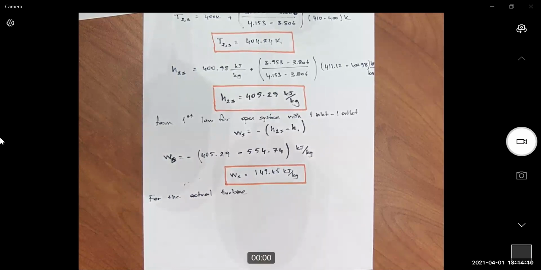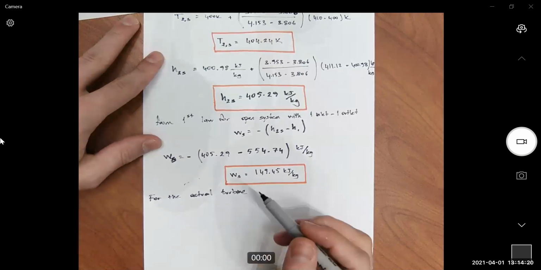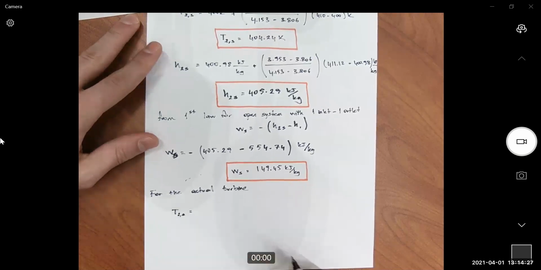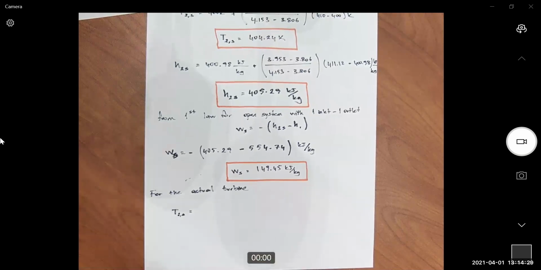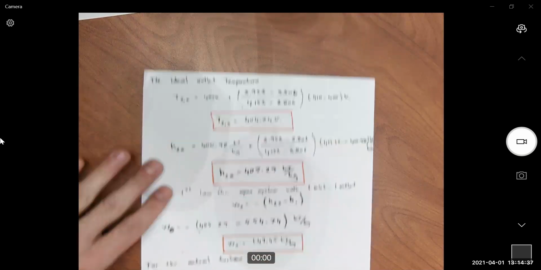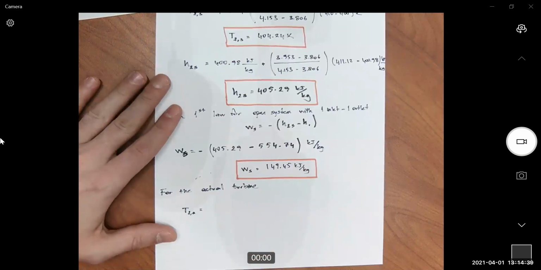Now I'm going to look at the actual work, where I have irreversibilities and delta S is not equal to 0 anymore. For the actual turbine, the temperature at the outlet is different. It cannot be the same as ideal. My ideal temperature was 404.24 Kelvin. Let's see what my actual temperature is.